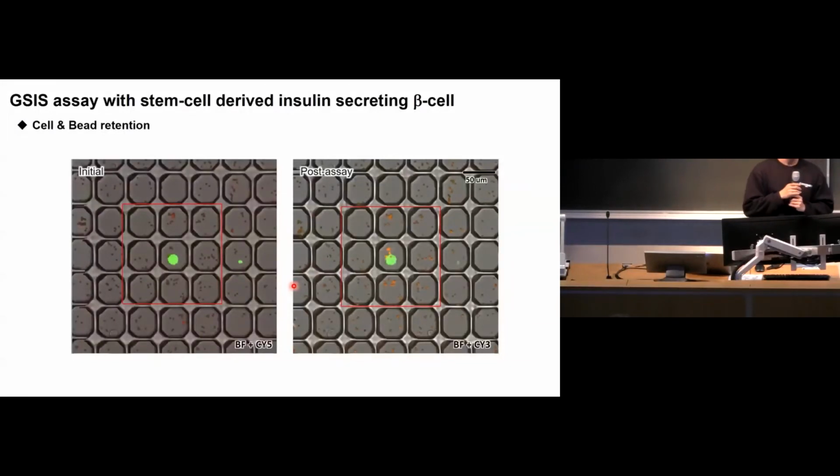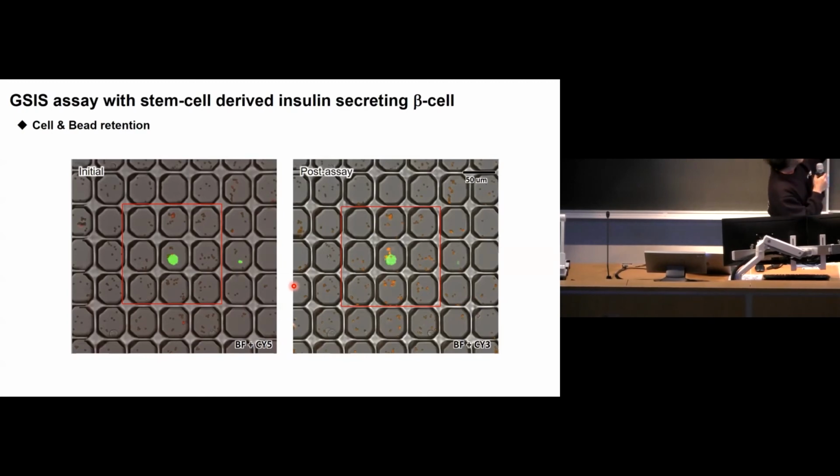This is one example of the cell secreting insulin. The picture on the left side is before, and the right side is after the assay. You may see on the right picture some glowing beads as orange. When the beads capture the insulin and get immunostained, they will glow as orange.